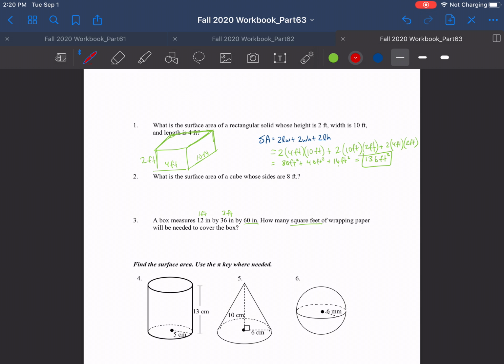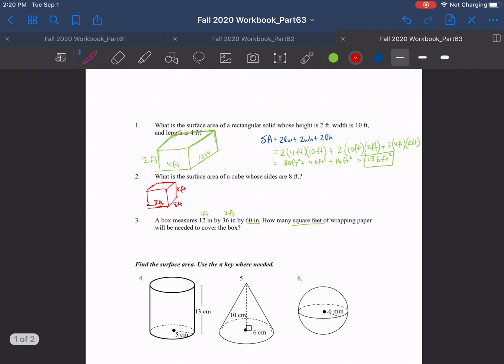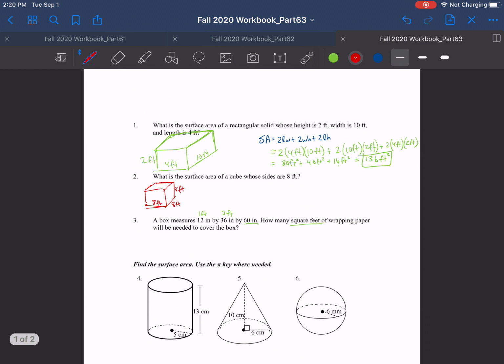And so if we have a cube, just like this, and every one of the sides is 8 feet, the length, the width, the height, then what we need to worry about is the idea that each one of our surfaces is just a square, and they are all the same square, and there are 6 of them.